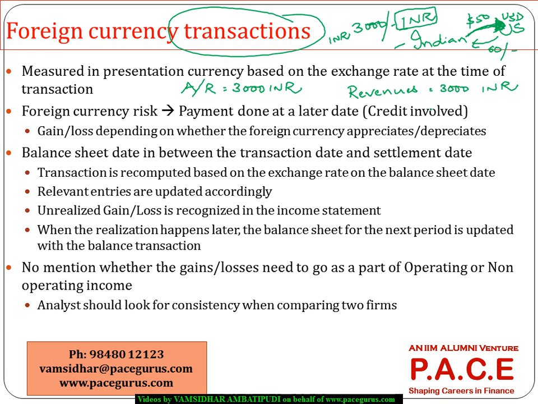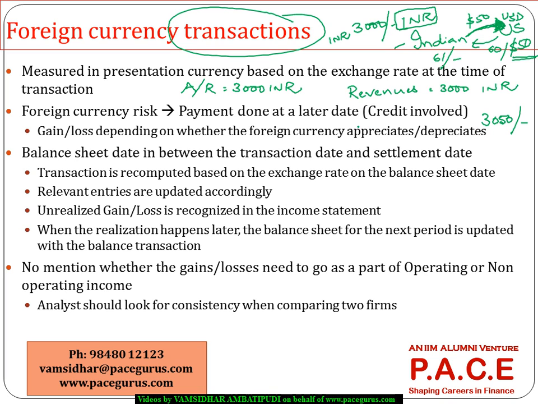Now, on the day when I receive the money, the US buyer will still pay $50 only. But depending on the exchange rate at that time, if the exchange rate has become 61 per dollar, the Indian company is actually going to receive 3,050 rupees.